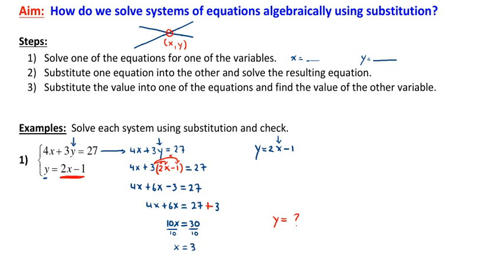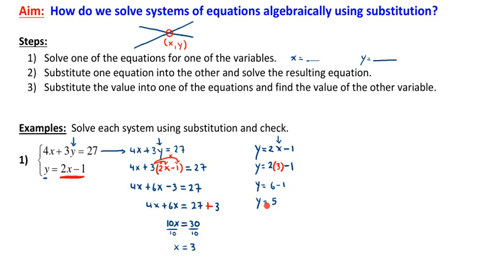So we have now y is equal to 2 times 3, because that was the original operation. 2x means 2 multiplied by x, so 2 times 3 minus 1. 2 times 3 is 6, minus 1 is 5. So the value of y is 5.